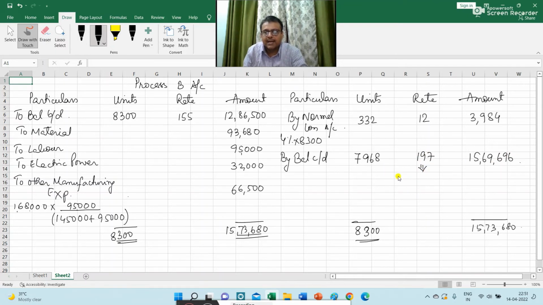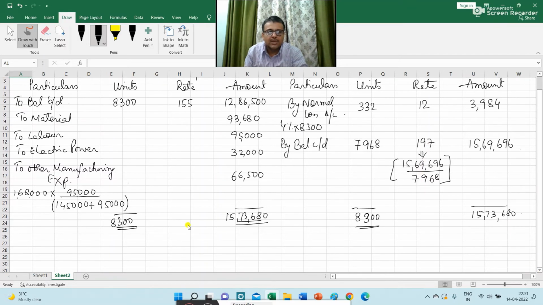So how I have arrived at this figure, that is 15,69,696 by 7,968. So you will get 197. So this figure will be brought down. So to balance BD, I am writing here 7,968 and 197 and 15,69,696.